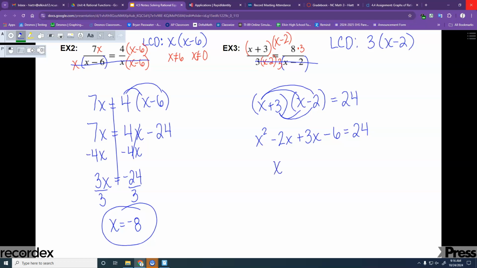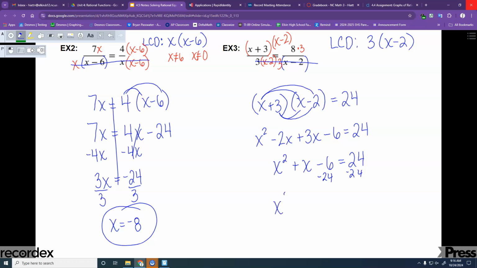And so you'll get x squared plus x minus 6 equals 24. And so in these equations, if you have a square, you need to move everything to one side, try to factor, possibly have to do the quadratic formula depending on what you've got. If you have one like we did in number 2, there was no square, so it's just a regular equation for you to solve. This one has a square, so we want to subtract that 24.